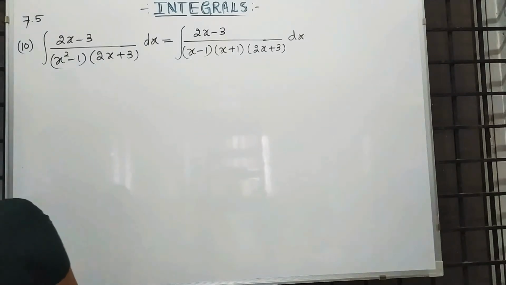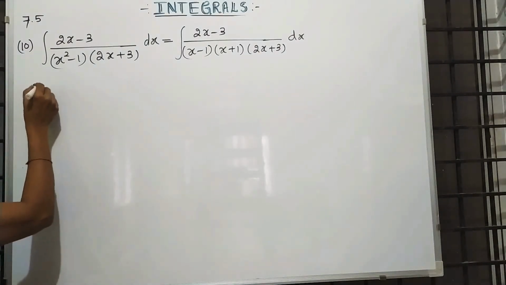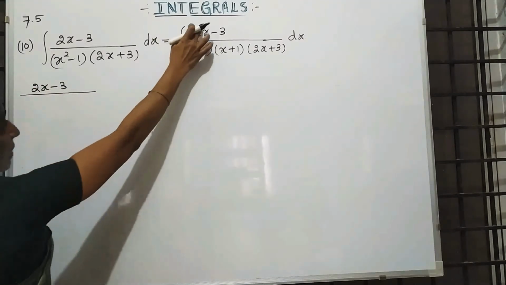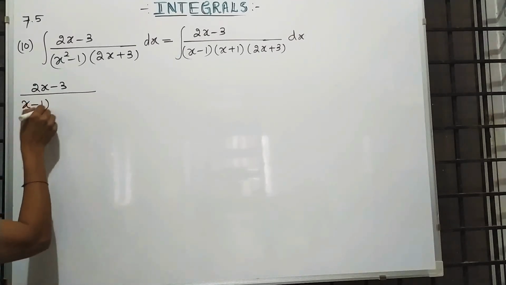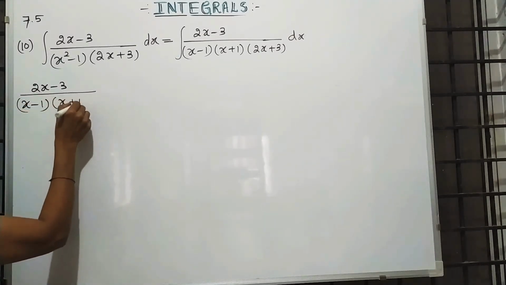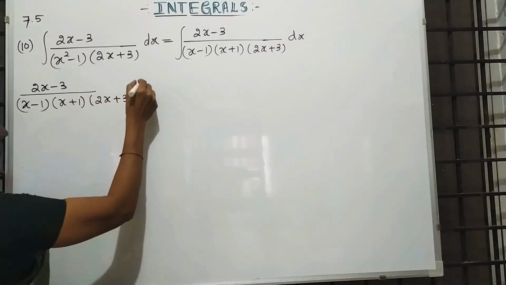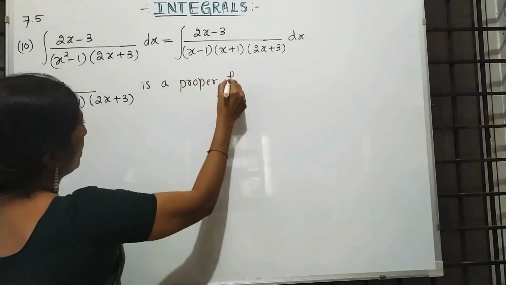So now I am writing proper or improper. Which type of problem is it? Proper, because the x power in the numerator is 1, in the denominator 3. It is a proper fraction.